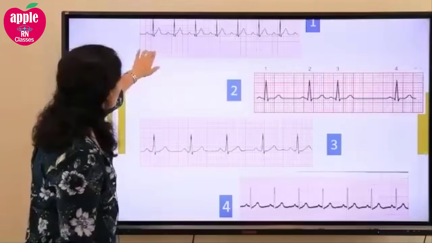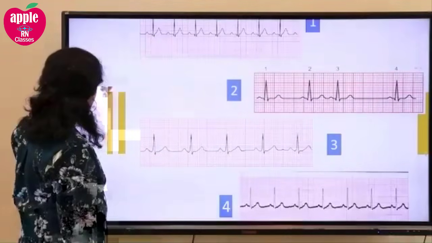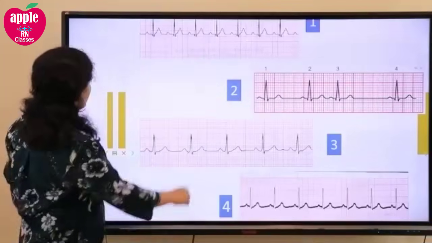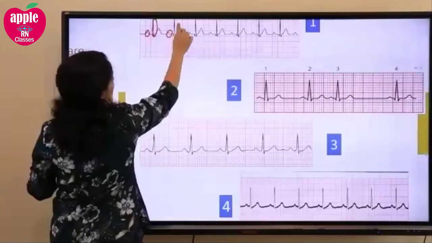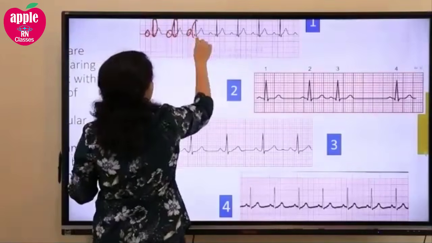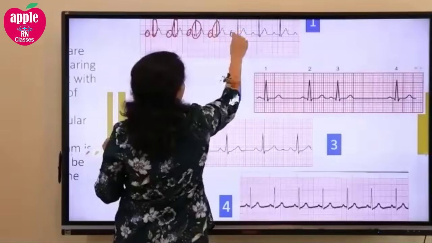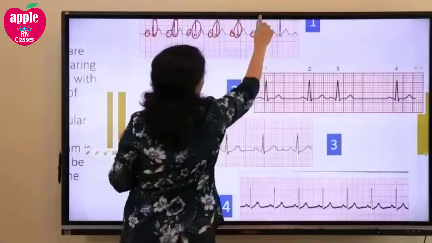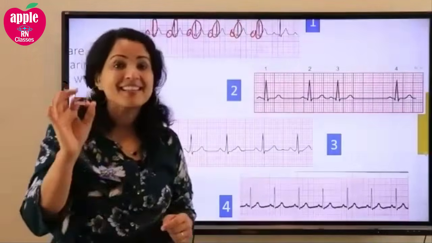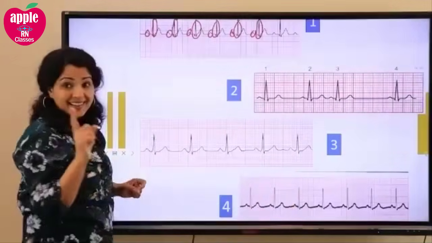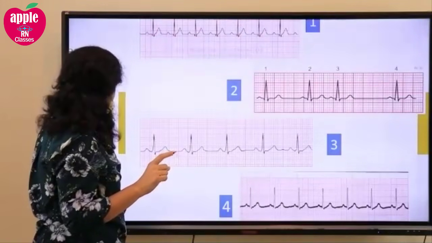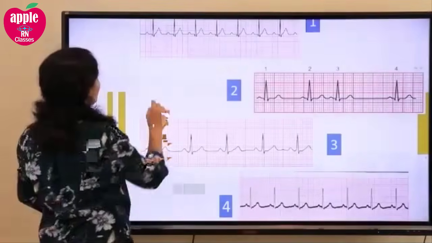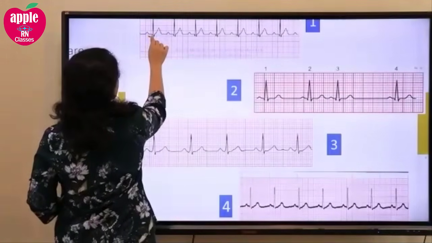All right. So if you look at that, you can see that here. Remember, there is a P, there is a QRS. P, QRS. P, QRS. So for every P, there is a QRS. There is no problem there, right? So the only problem is this part.